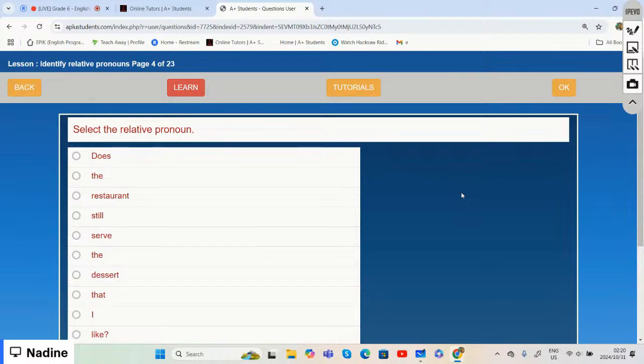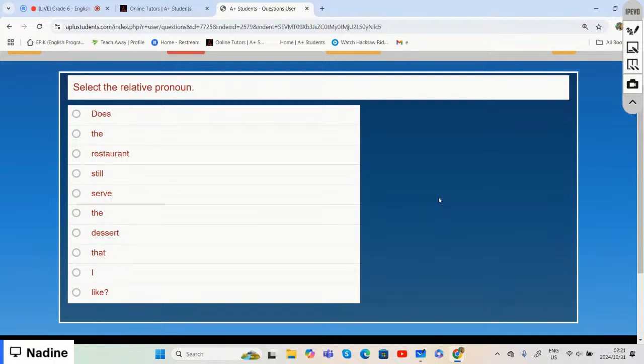Does the restaurant still serve the dessert that I like? And if we were to choose the correct relative pronoun within that sentence, then we'll say, does the restaurant still serve the dessert that I like?